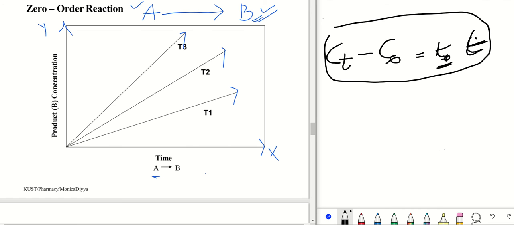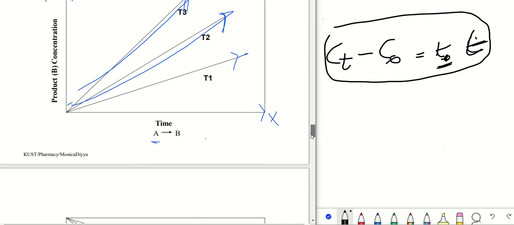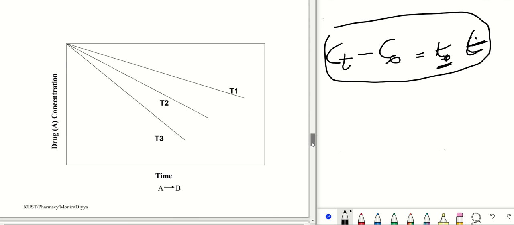See the product concentration with respect to time interval, with this time interval, with this time interval. And when we check the same with the concentration of A, the drug concentration taken on the y-axis and time on the x-axis, of course the concentration of the reactant will be decreasing.